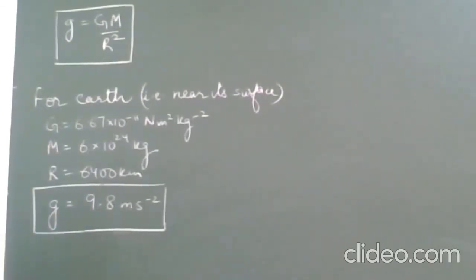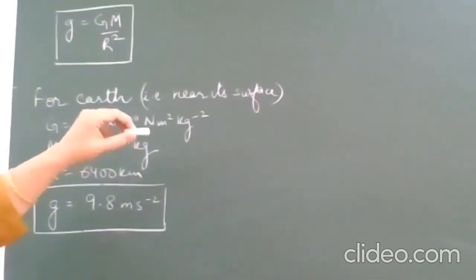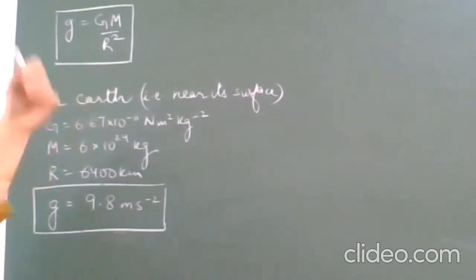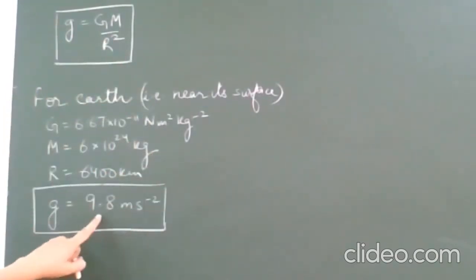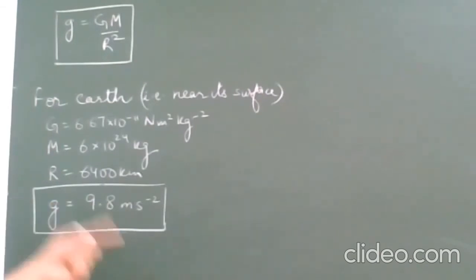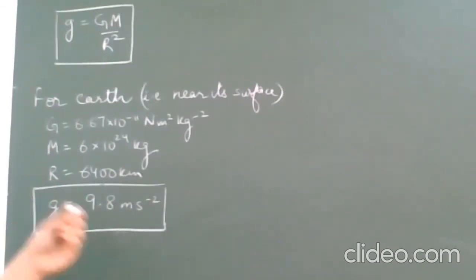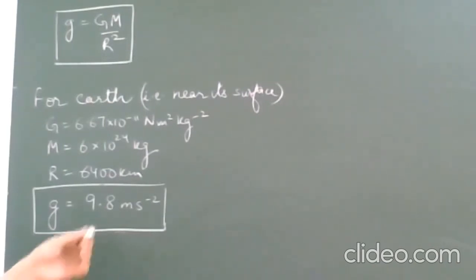It means that when an object is freely falling near the surface of the Earth, like if I drop this chalk from the top floor of a building, after 1 second the speed will be 9.8 meter per second. After the next 1 second, it will be plus 9.8, so 9.8 plus 9.8 becomes 19.6.